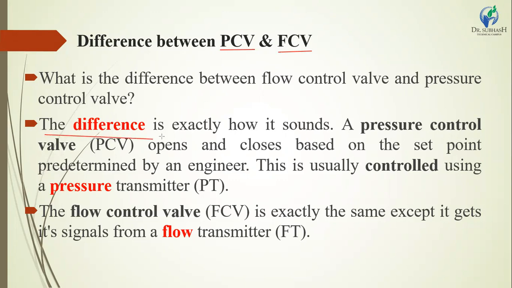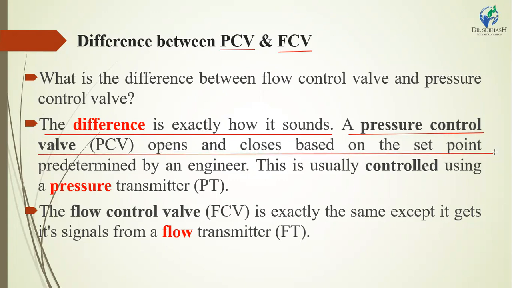Here is the difference, exactly as it sounds. A pressure control valve, PCV, opens and closes based on a set point predetermined by the engineer. For all types of PCV, one pressure limit is set from the manufacturer side or by the design engineer.